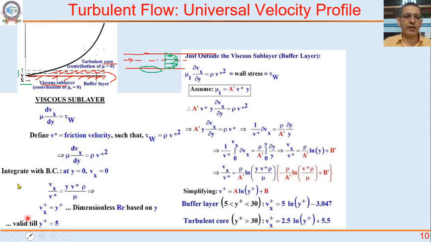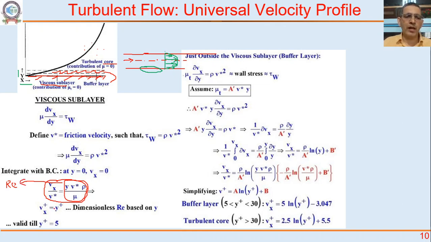Doesn't this look like a Reynolds number? So vx by v star is a dimensionless number. Doesn't the right hand side look like a Reynolds number to you? It is a Reynolds number based on y and v star. Remember our Reynolds number was any length scale, here the length scale is y, and any velocity scale, here the velocity scale is v star, and rho by mu.